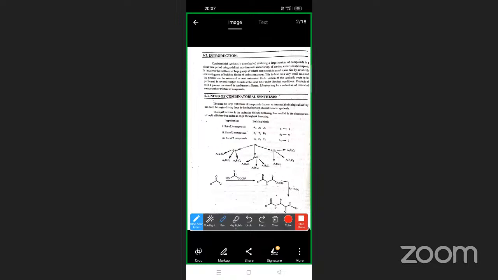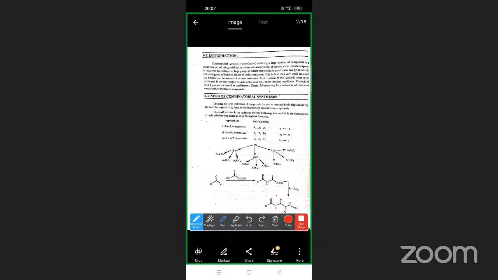This combinatorial synthesis method is applicable in peptide synthesis and most probably in some heterocyclic compound production here. In these two fields, it is a frequently used method.